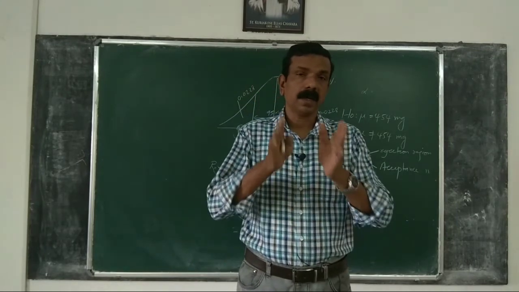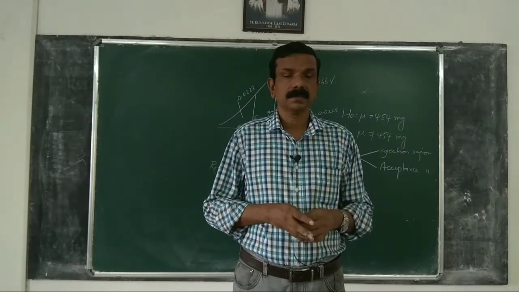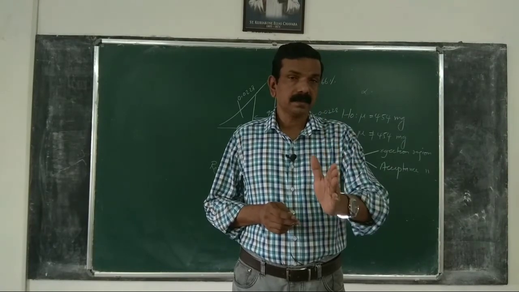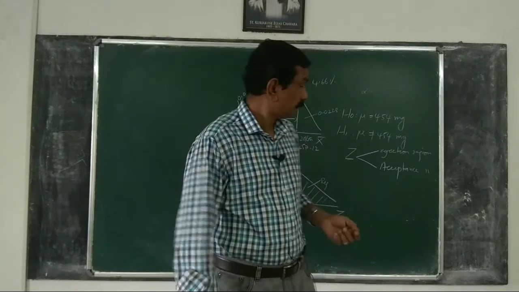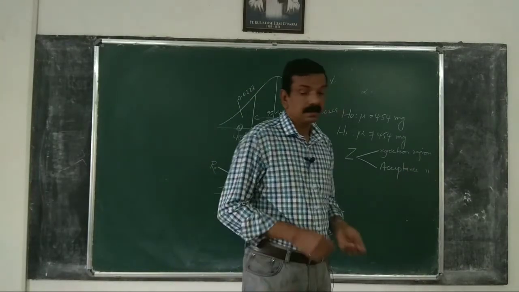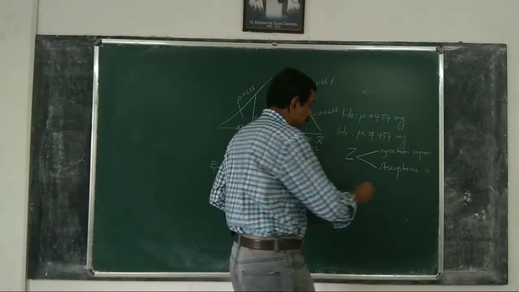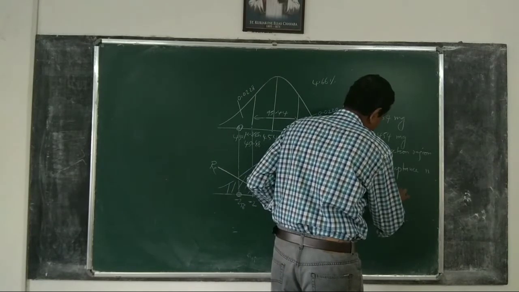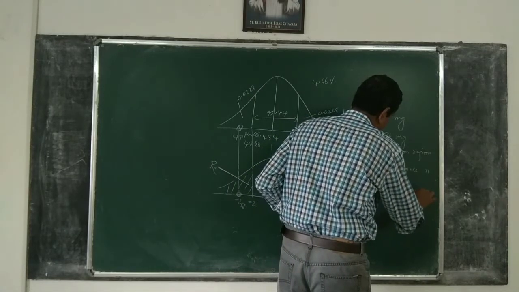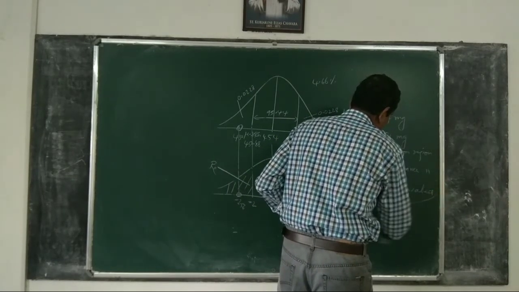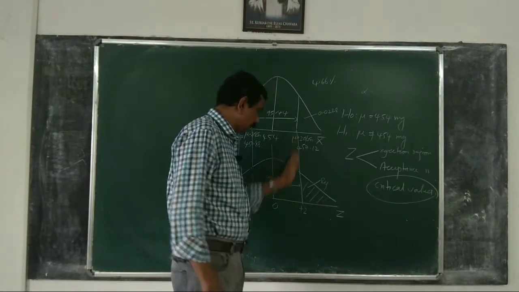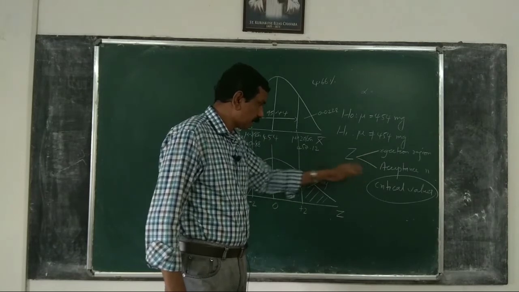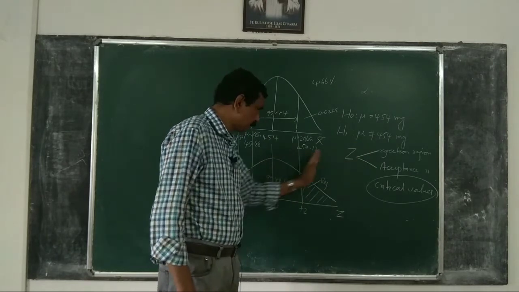The values of the test statistic which divide the rejection region from the acceptance region are known as critical values.